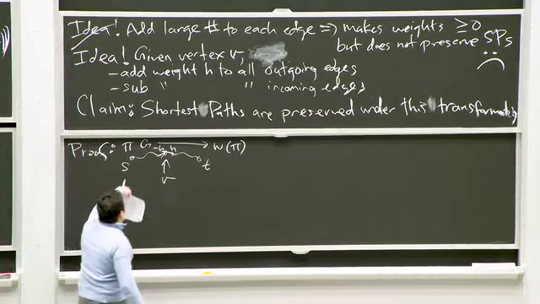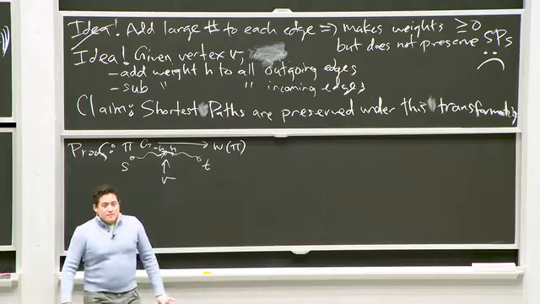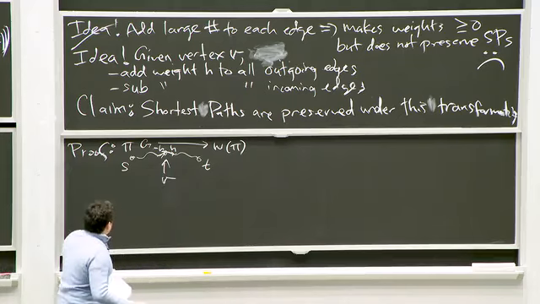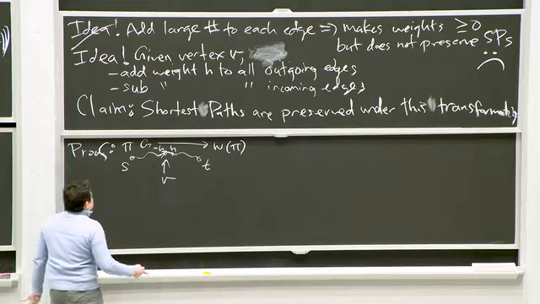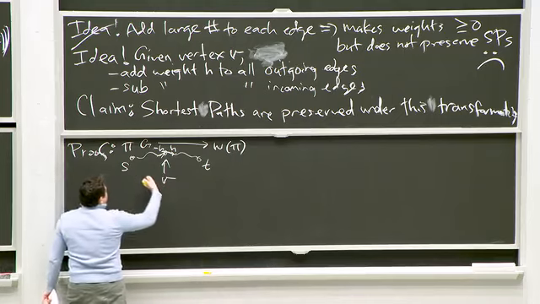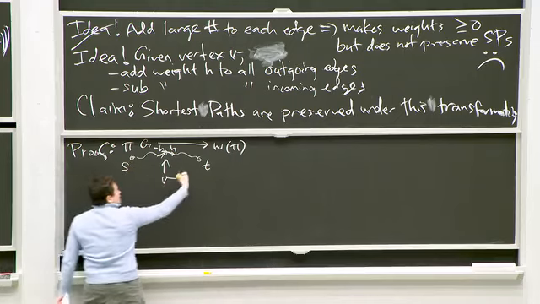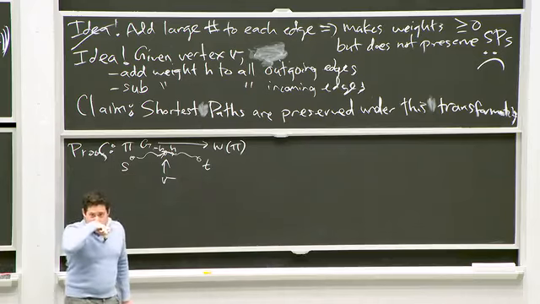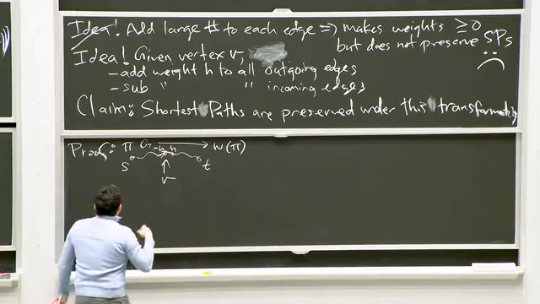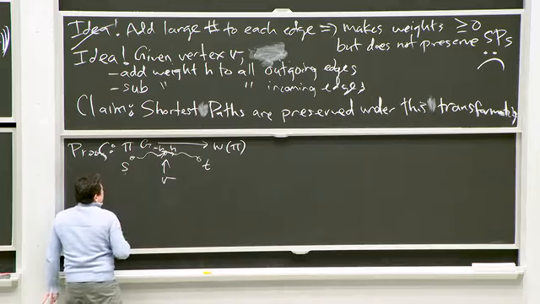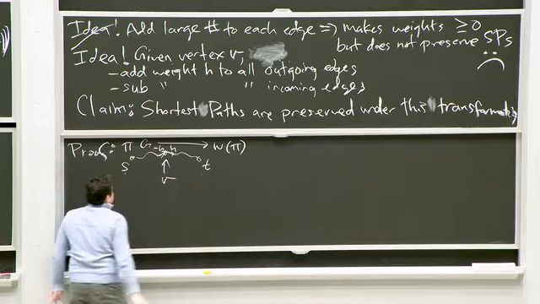So passing through a vertex doesn't change the weight of my path. The only way I could change the weight of my path is if V is the start vertex or the end vertex, right? So it's possible that S is my vertex or T is my vertex.